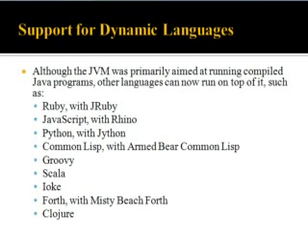As the Java Virtual Machine was primarily aimed at running compiled Java programs, other languages like Ruby with JRuby, Groovy, and Scala can run on top of it.